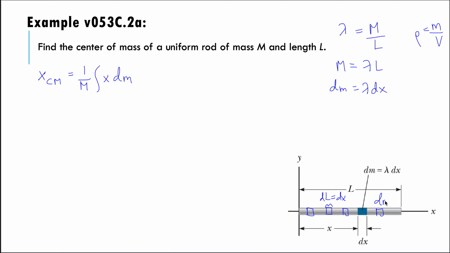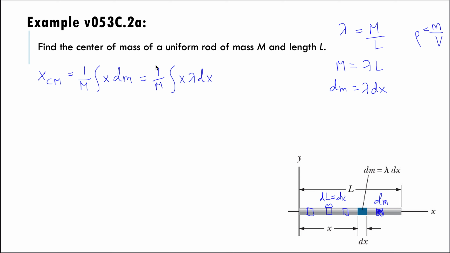So we said that we're going to break up our object into a bunch of little mass elements, and then we're going to integrate to find the position of the center of mass. So that is the main thing to realize, is that we want to change this integral so that it's in terms of dx. So now it becomes x lambda dx.